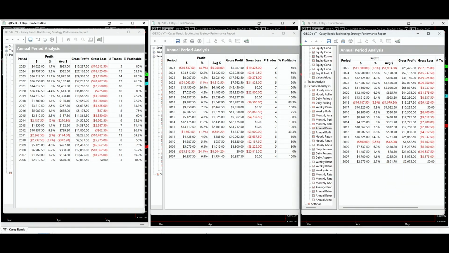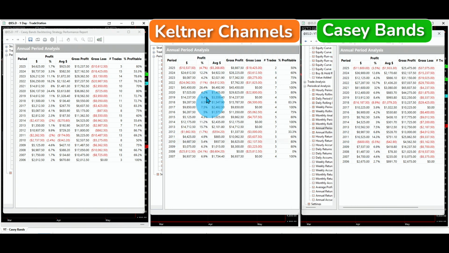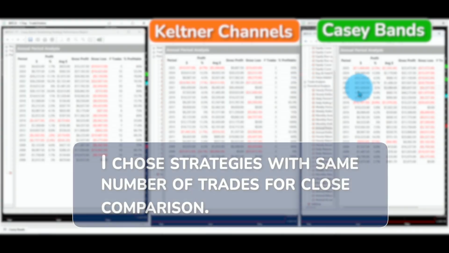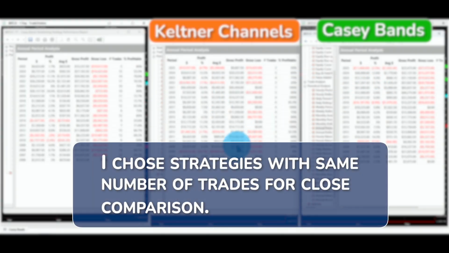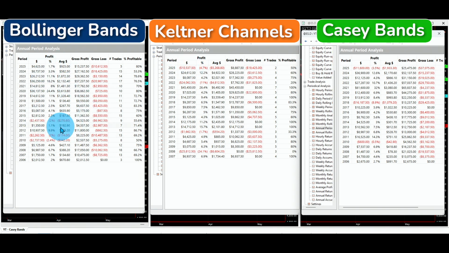And I just picked 3 strategies from these profiles, and you can see that, for example, KC Bands has 3 losing years. In this strategy in particular, 2010, 2018, 2025. Keltner Channel, the one comparable, and I used the number of trades to compare these strategies, is losing 2008, 2012, 2022, 2025, and Bollinger Bands 2010, 2011, 2014.